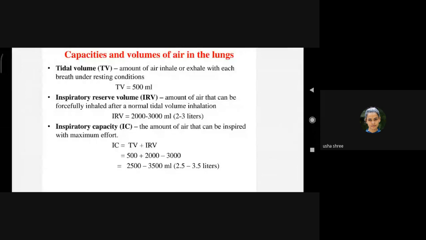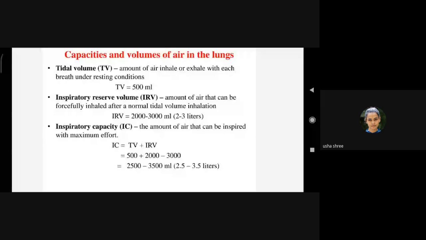The thing is that when we are breathing normally, let's assume we are breathing approximately 500 ml. Now we are supposed to breathe forcefully. When we are breathing forcefully, the extra amount of air we are breathing, that is inspiratory reserve volume.